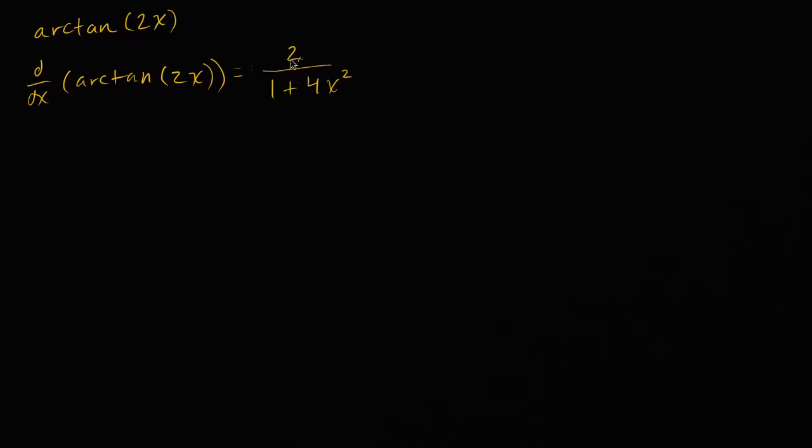But this is the key insight, I guess you could say. Let's say f of x, which of course is the derivative of arctangent of 2x, is 2 over 1 plus 4x squared. Now, if we had another function that cleans it up a little bit so that we don't get all this hairiness when we take the derivatives.